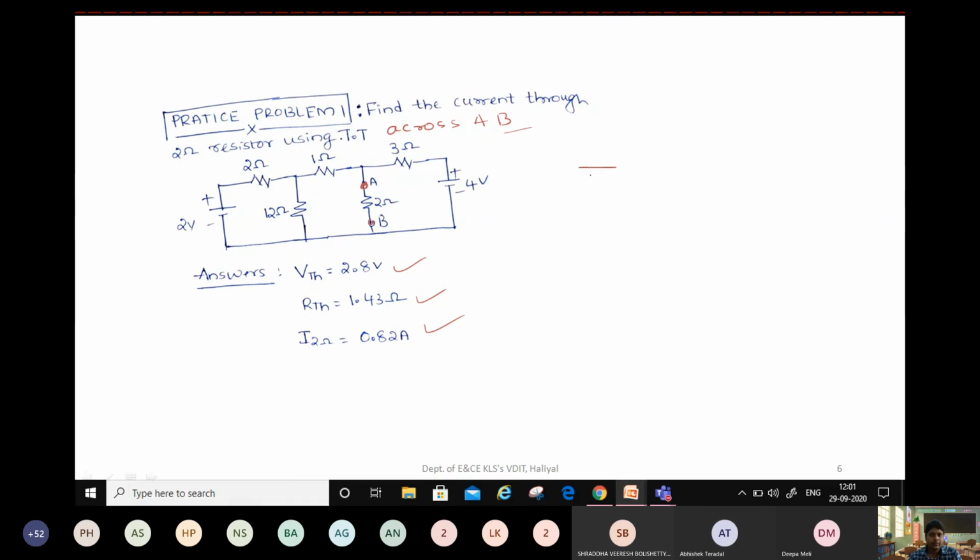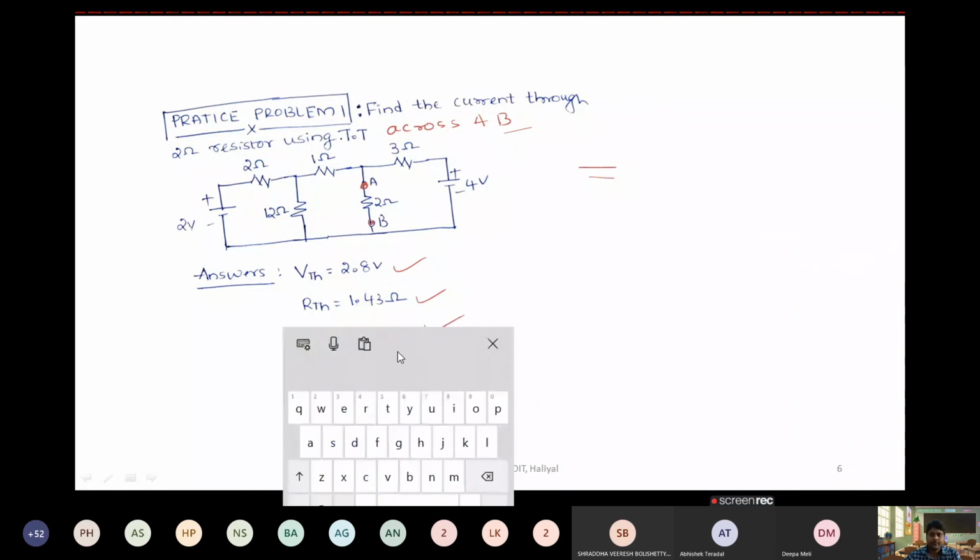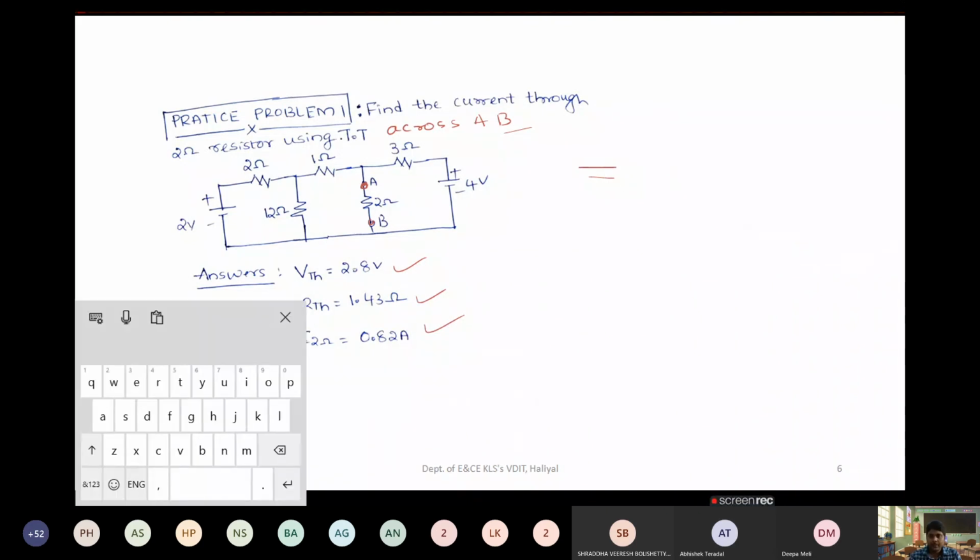So equivalently, you can expect this circuit over there, right? 2 ohms, 12 ohms, 1 ohm. So this will be open-ended now, and this is 3 ohms, and here we have 4 volts, right?